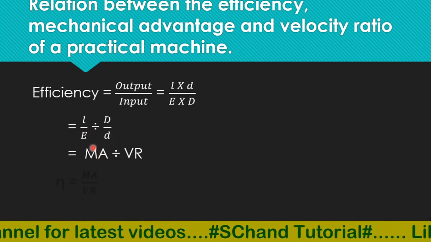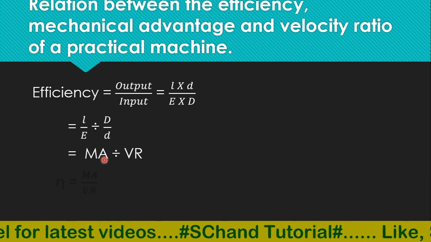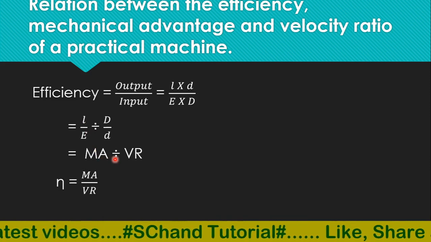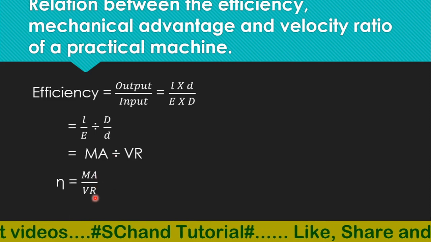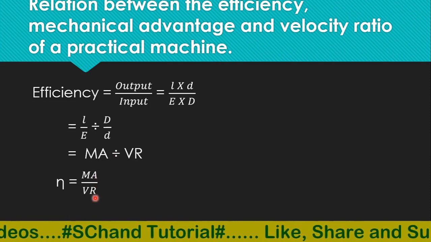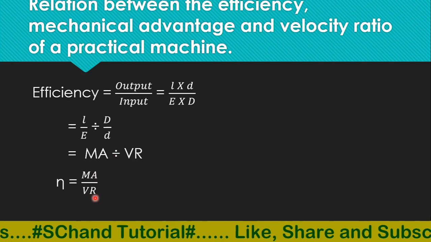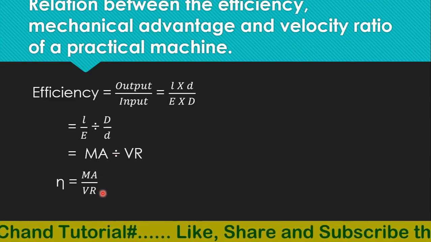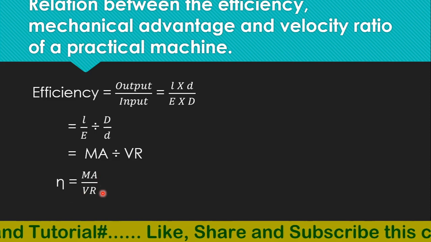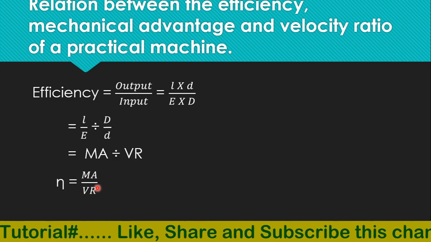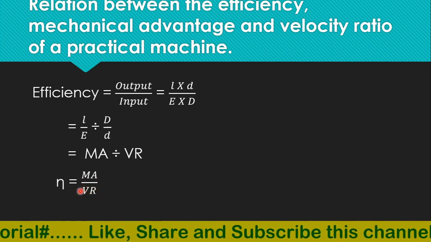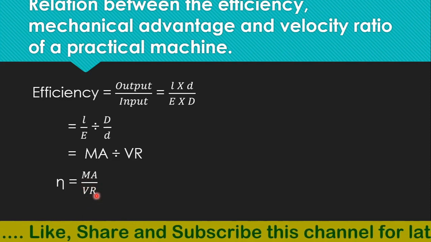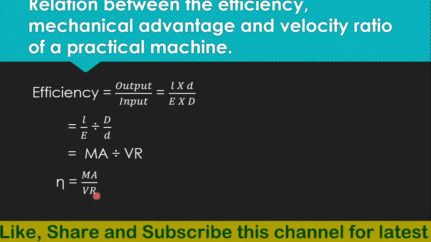And load over effort is the mechanical advantage. So mechanical advantage divided by velocity ratio. It means efficiency is equal to mechanical advantage over velocity ratio. So this is the relation between efficiency, mechanical advantage and velocity ratio. For a particular machine, it is the velocity ratio that will never change. That you need to remember, velocity ratio is never changing.